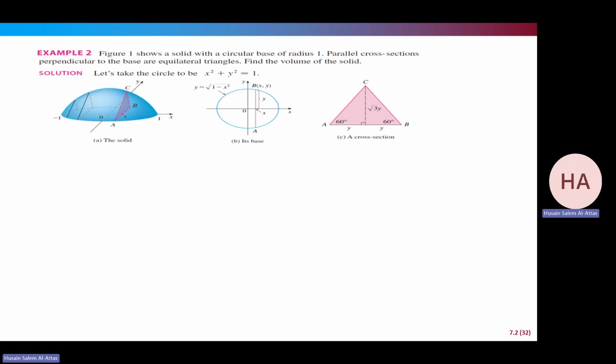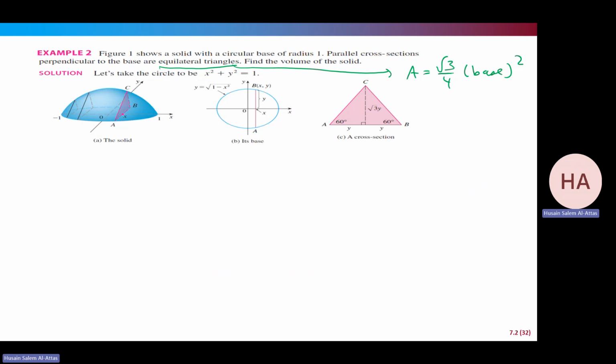Now, the solid with a circular base of radius 1. Parallel cross sections perpendicular to the base are triangles. I want the one where the cross section is a triangle, an equilateral triangle. We know the area of the triangle is what? The area is square root of 3 over 4 times the base squared.